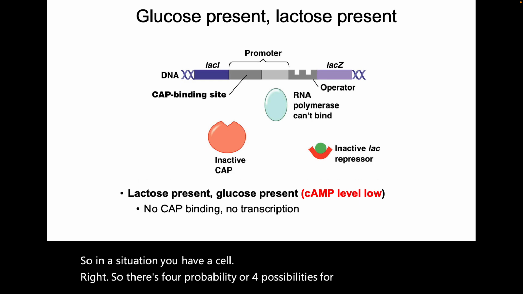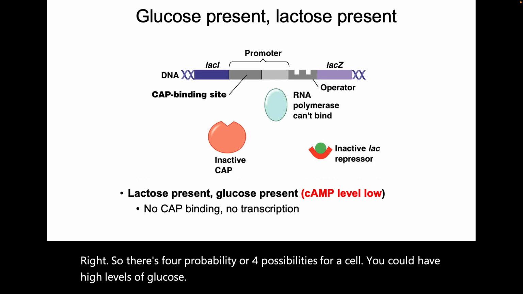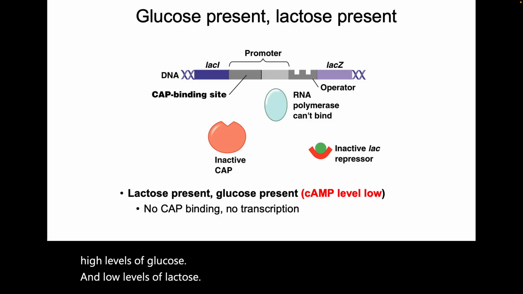You could have high levels of glucose and low levels of lactose. You could have high levels of glucose and high levels of lactose. You could have low levels of glucose and low levels of lactose. Or you could have low levels of glucose and high levels of lactose.